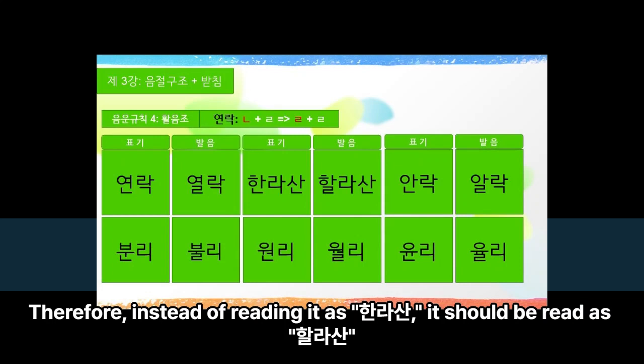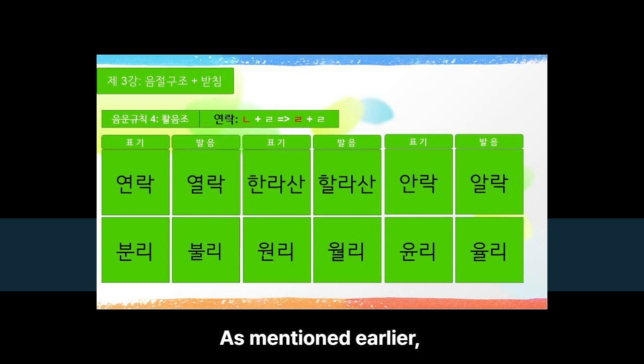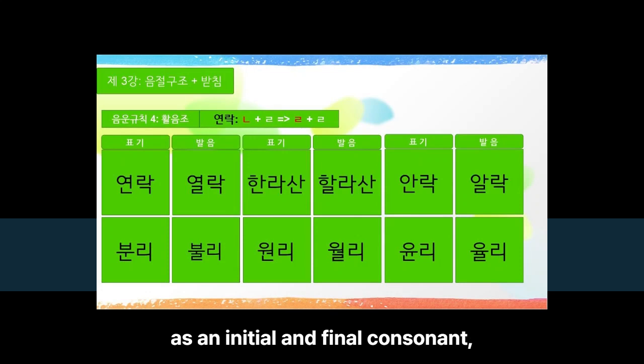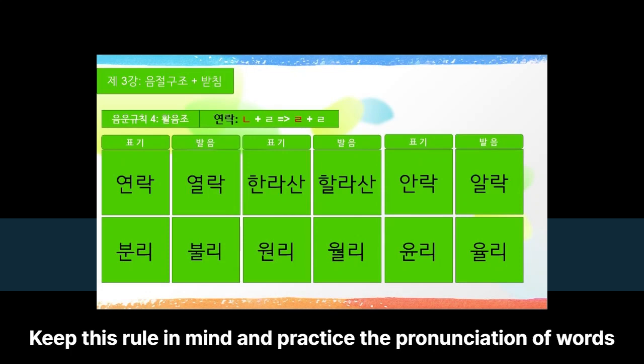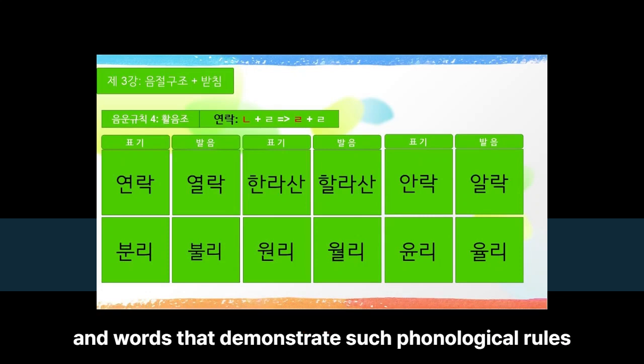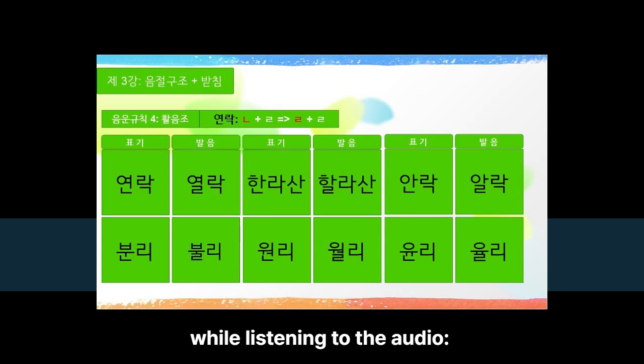Therefore, instead of reading it as Hanrasan, it should be read as Hallasan. As mentioned earlier, when the consonant rieul appears continuously as a final and initial consonant, both are written as L in English. Keep this rule in mind and practice the pronunciation of words with the second syllable structure, consonant plus vowel plus consonant, and words that demonstrate such phonological rules while listening to the audio.